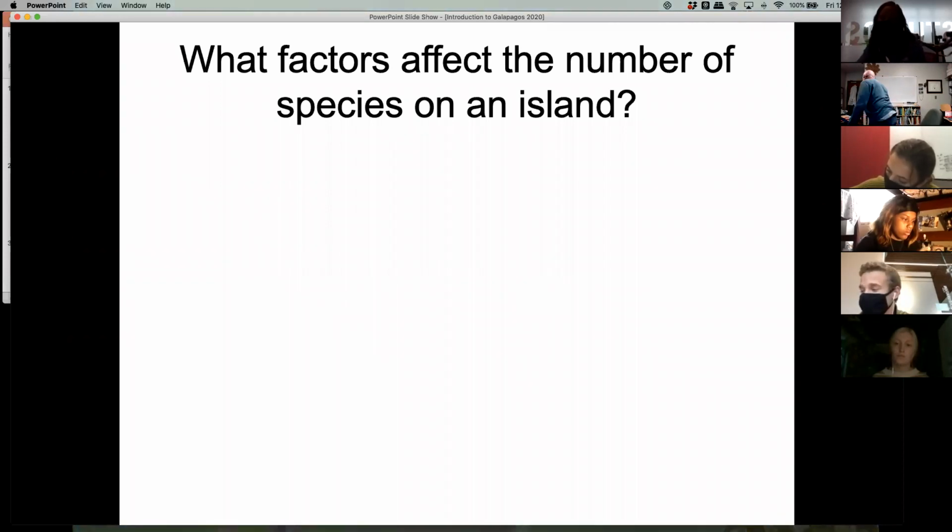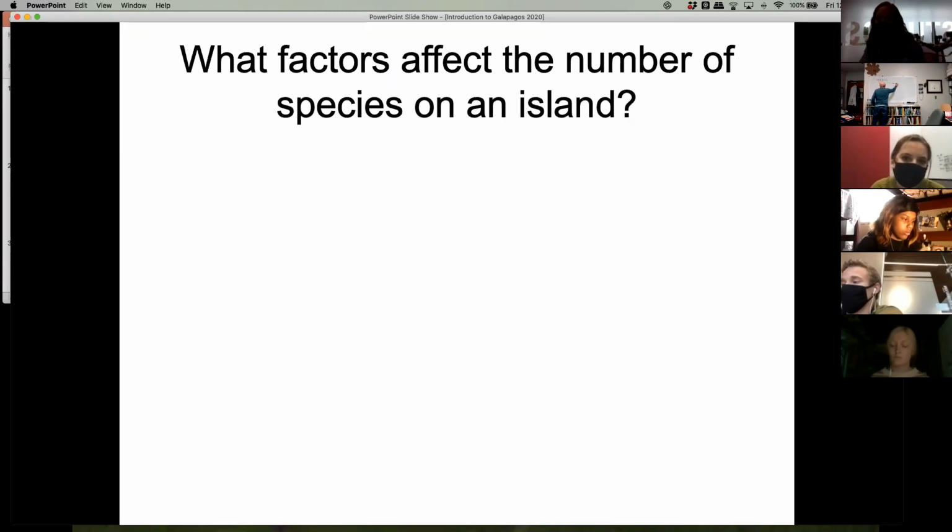Okay, so the total area, so the amount of land, and what specifically would be the relationship there? How habitable that land is. Oh, so, but you were talking about the size. Yeah. So as size goes up, what would you expect the number of species to do? Oh, be more diverse. Yeah, so bigger islands should have more species.